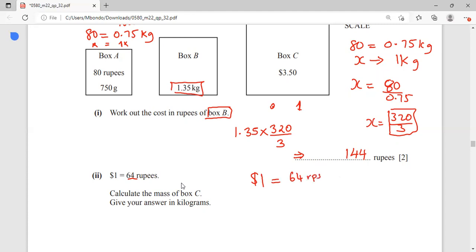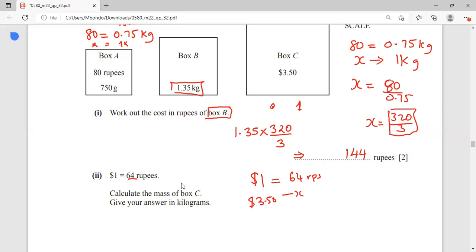Now we need to find how many rupees here will cost 3.50 US dollars.